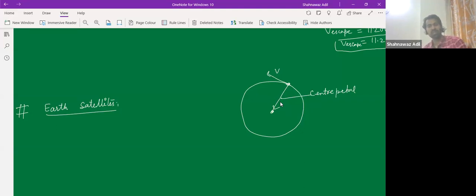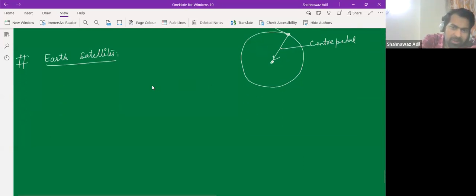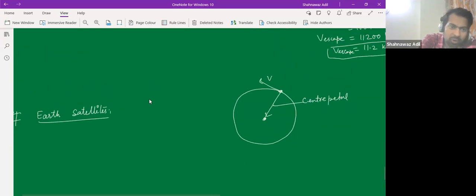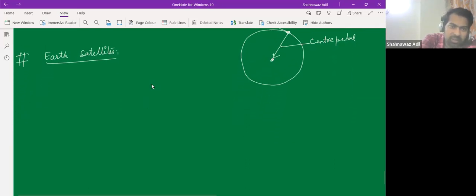In the bending of roads, we saw that the friction force was providing the centripetal force. Right, guys? Yes, sir. And in some other cases, we saw that the tension was providing the centripetal force.